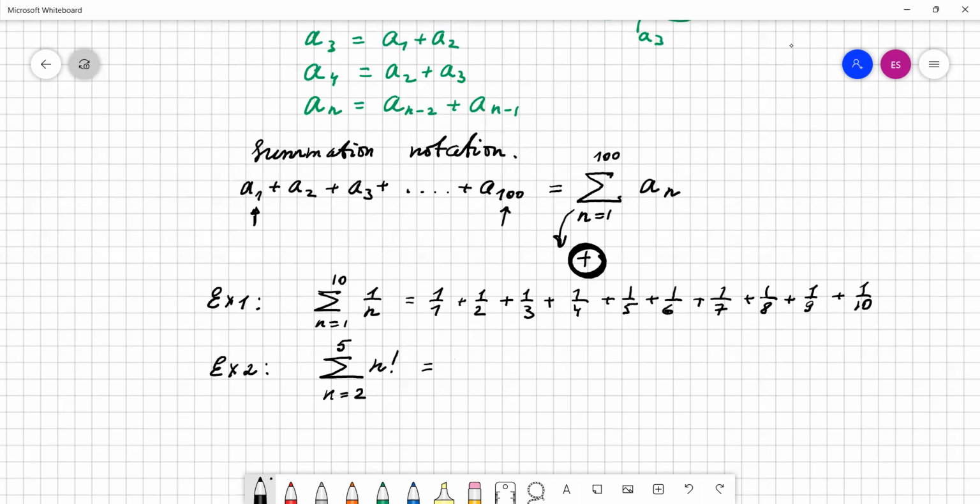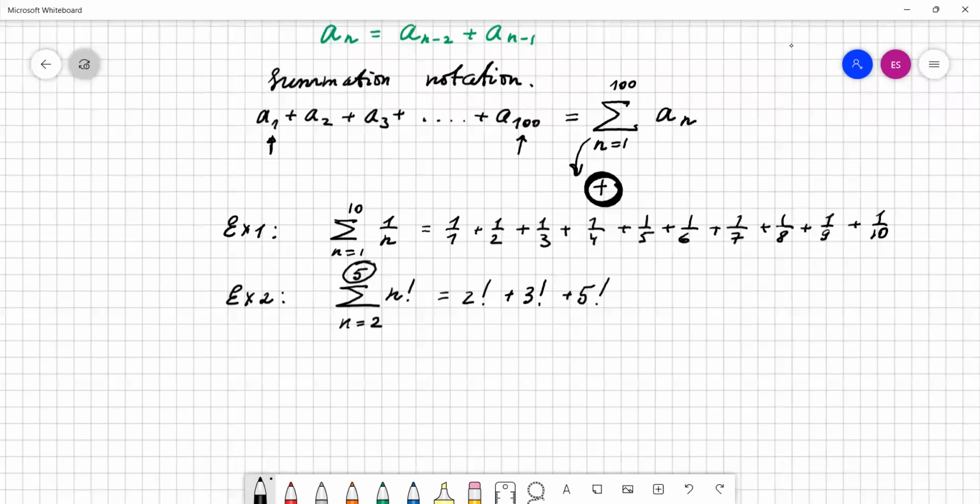So I'm going to have n factorial, and instead of n, I'm going to plug in 2 first, then 3, and so on up to 5. And 5 is going to be my last element because 5 sits over here. Well, you can calculate what the number is, but right now it's not super important.